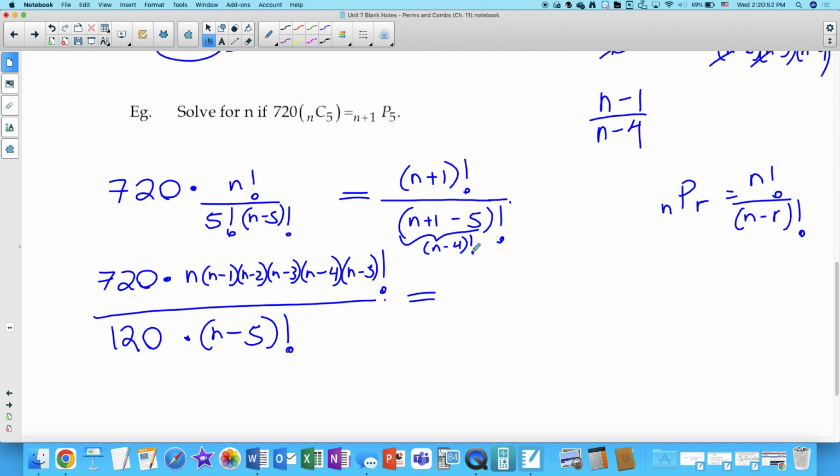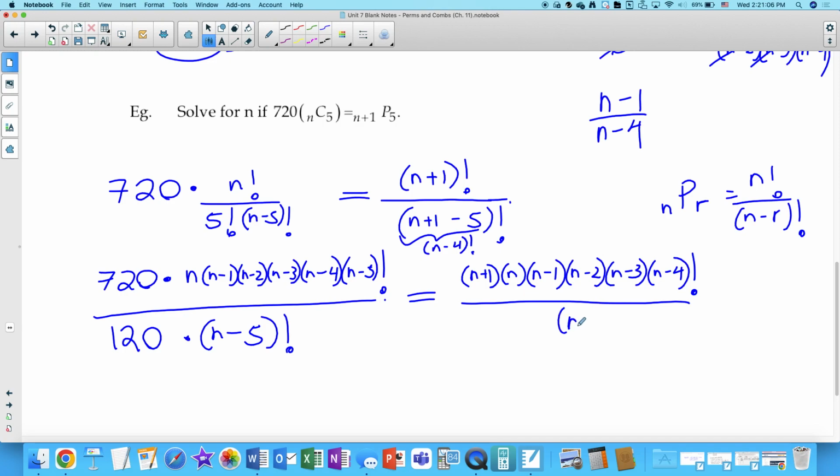So this will be n plus 1 times n minus 1 times n minus 2 times n minus 3 times n minus 4. Now I know from this point down, it's going to cancel with the n minus 4 factorial in the denominator. Okay?